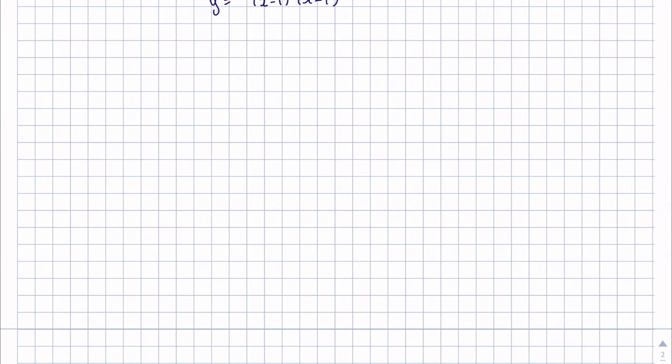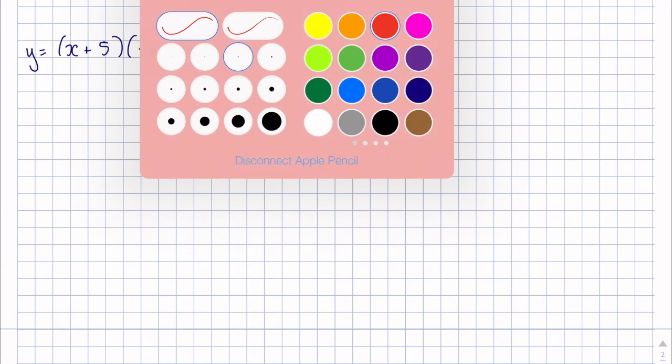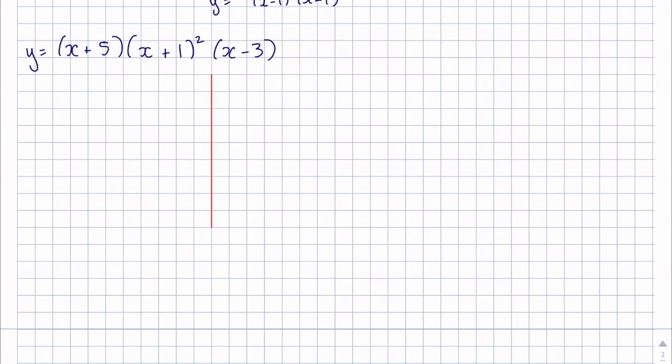If we have generic polynomials, like x to the 7, take 3x to the 6, plus 2x to the 5, take 4x to the 4, etc., you won't ever be asked to graph one of those, but you might be asked to graph one that's already been factorized. So for example, if I had y equals x take x plus 5, x plus 1 squared, x take 3, then that's actually a quartic, because we've got 4 factors with x.